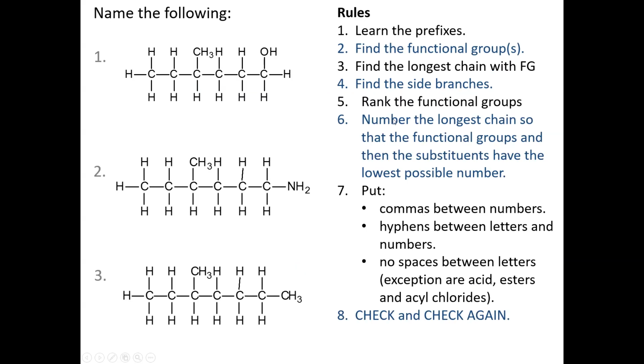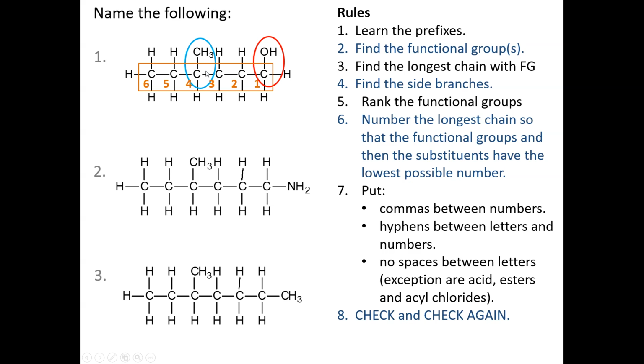So let's look at the rules. The first thing is learn those prefixes. You can't name organic molecules if you don't know the meth, eth, prop, etc. Then when you get given the molecule, you look for the functional group, and then you find the longest chain that contains that functional group.